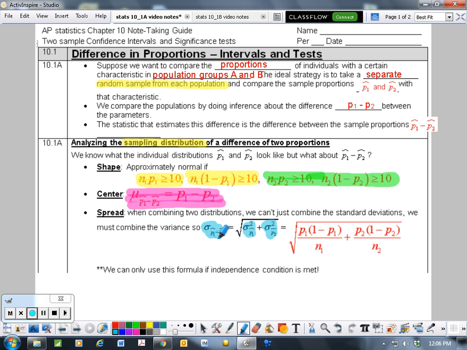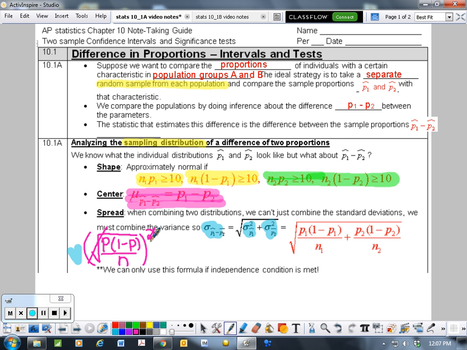So how do I calculate the original standard deviation? Remember, my original standard deviation looked like this: the square root of p times 1 minus p over n. If I were to square that, it would cancel out the square root, leaving me with just p times 1 minus p over n.